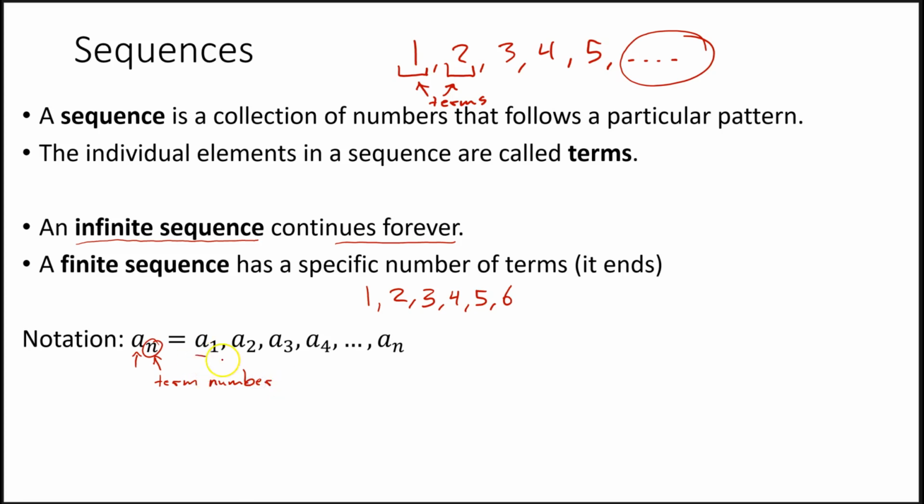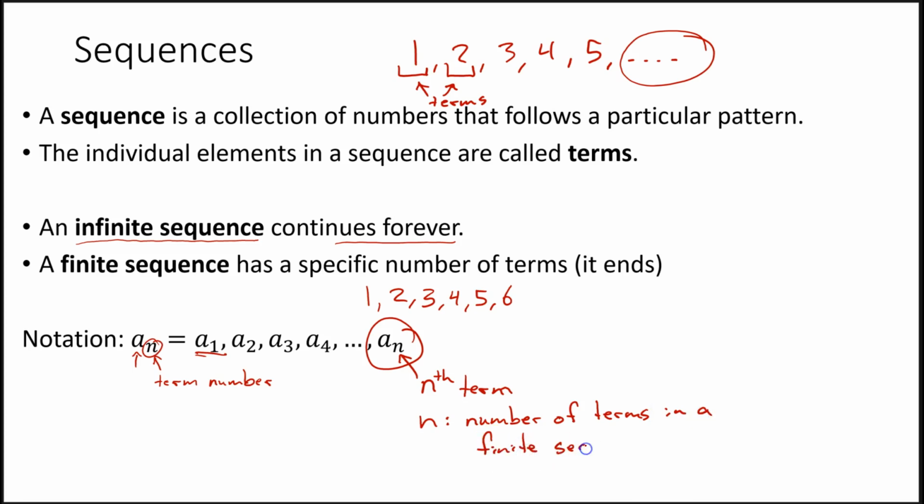So like a sub 1 would be my first term, a sub 2 the second term, a sub 3 the third term, a sub 4 the fourth term, and a sub n we call the nth term, where n stands for the number of terms in a finite sequence. Okay, so that is our notation.